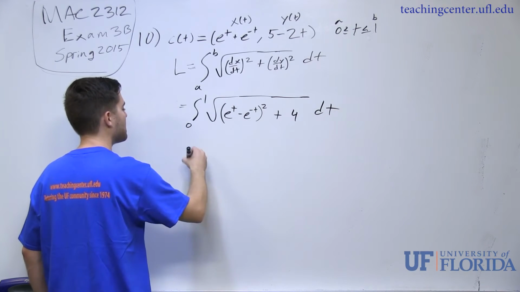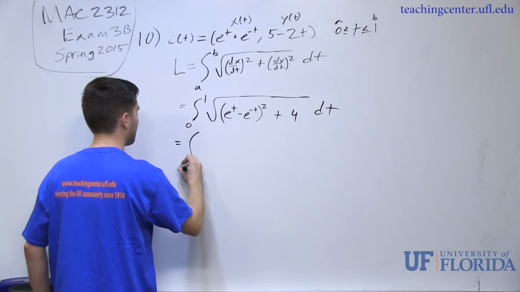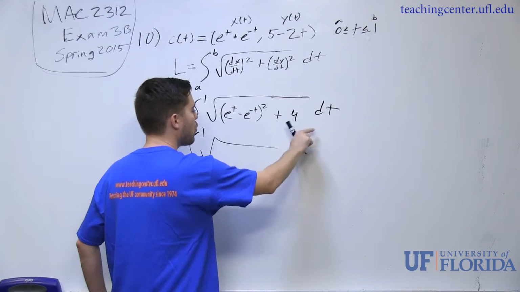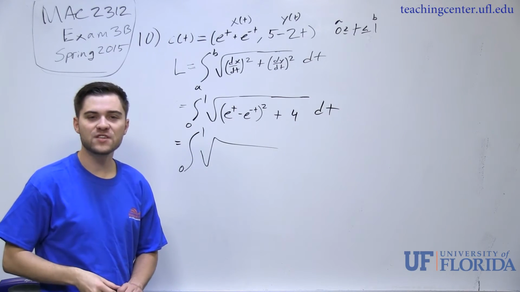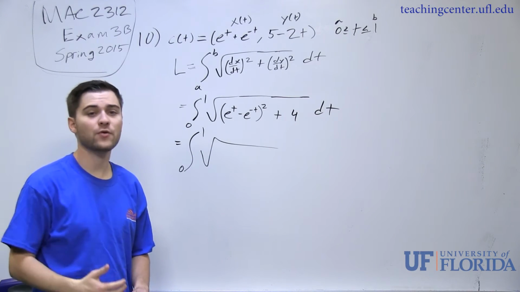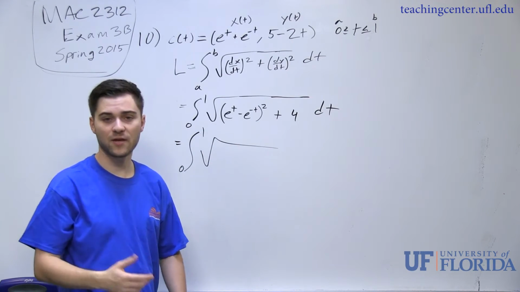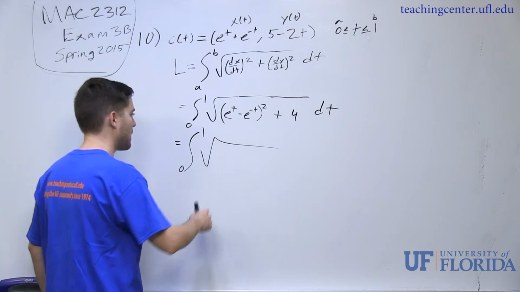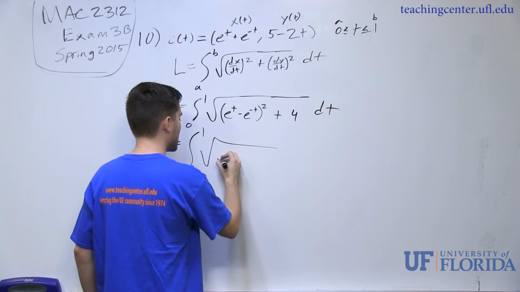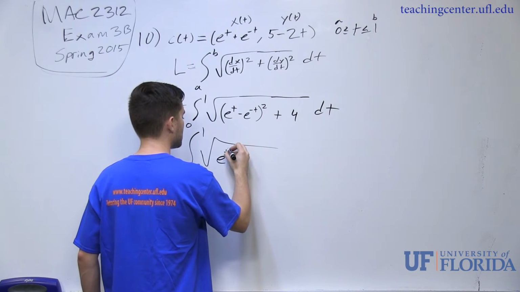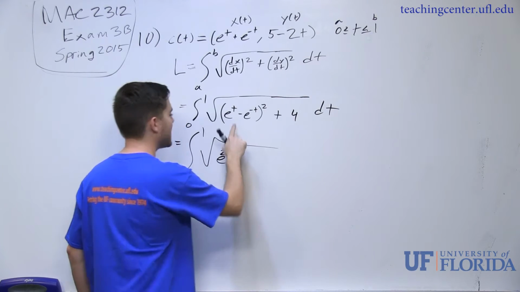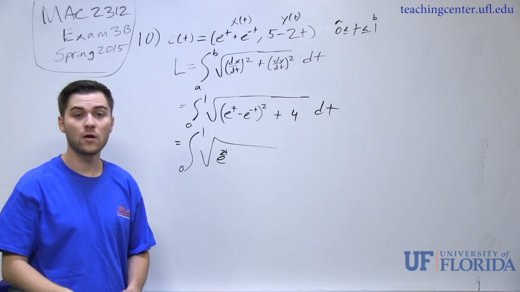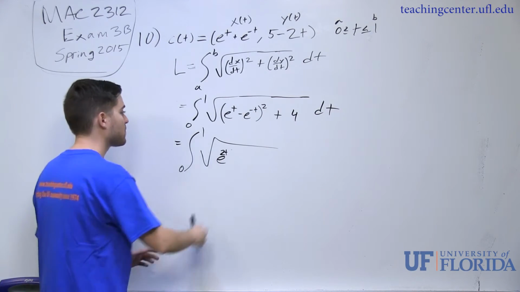Now when I go ahead and factor this out, there's no way to really reduce this down. Again, I'm trying to figure out a way to integrate this equation, and right now I don't see anything. So I'm going to factor out this term and see if I can simplify it somehow. I end up getting e to the t squared, which, if I take a power to another power, I multiply those powers together.